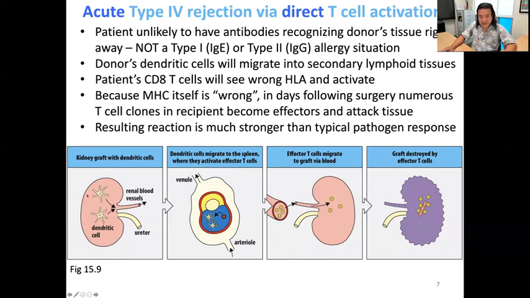So I should point out that you might think, well, certainly these days when we have solid tissue transplantations like kidney transplants, we've gotten much better at this.